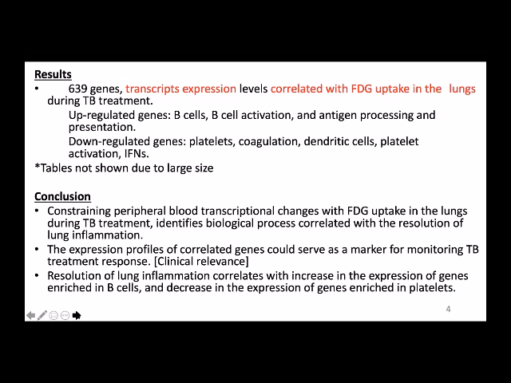The upregulated genes were enriched in B cells, B cell activation, and antigen processing and presentation, while the downregulated genes were enriched in platelet, blood coagulation, dendritic cells, and platelet activation, as well as type 1 interferon response.